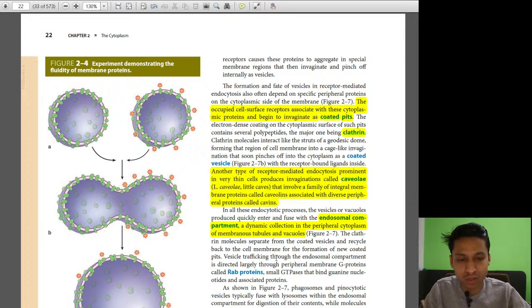So small GTPases bind guanine nucleotides and associated proteins, Rab protein. We need to know that vesicle trafficking through the endosomal compartment is directed largely through the G proteins called Rab proteins. They are G proteins, basically GTPases, because they cleave guanine nucleotide.